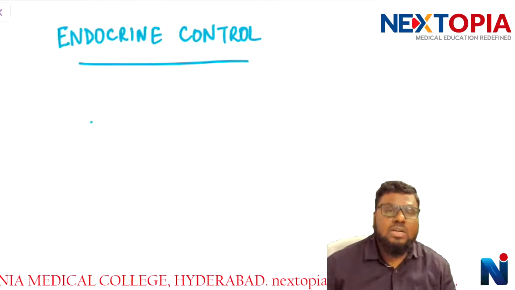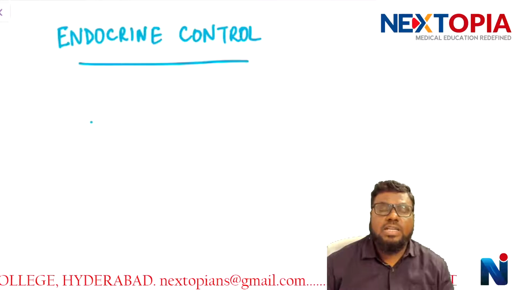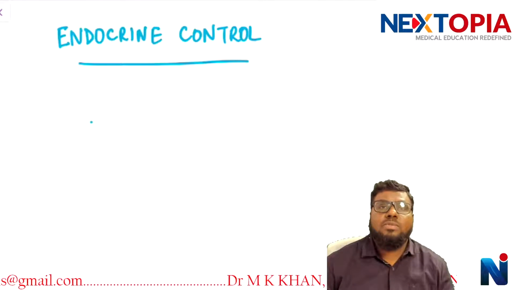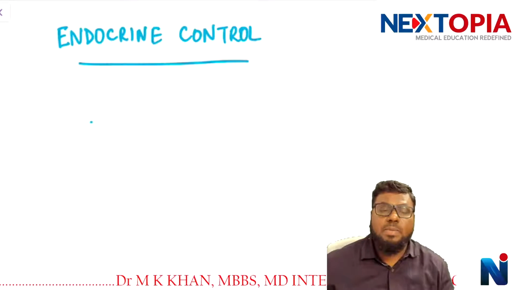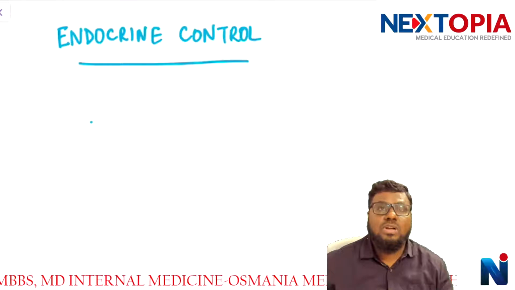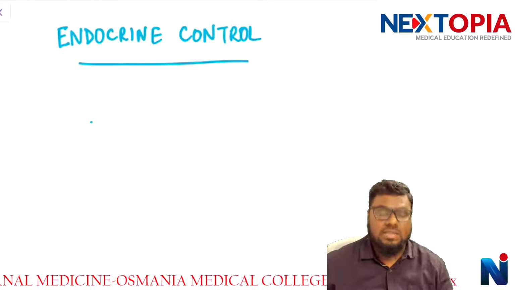So the endocrine control of the gastrointestinal tract, we should understand what is the source, what is the stimulus, and how does it affect the stomach motility, how does it affect the pancreas motility, and what will happen to the gallbladder. All these, let us see.